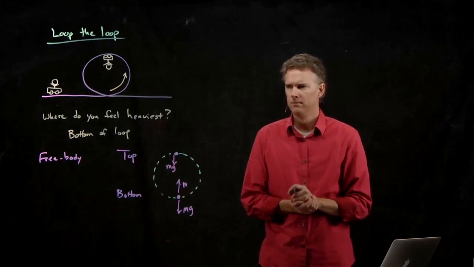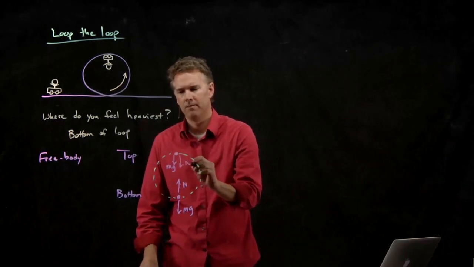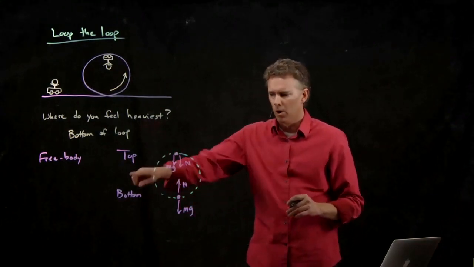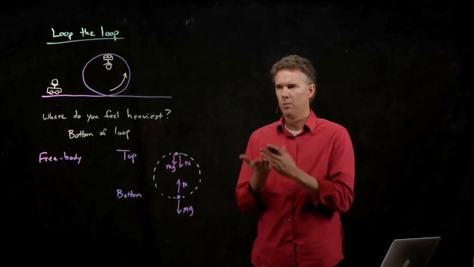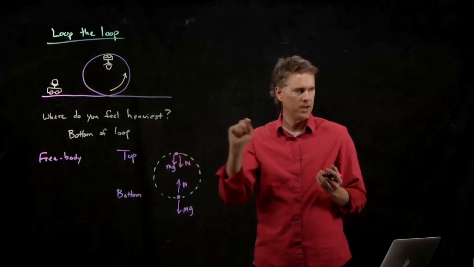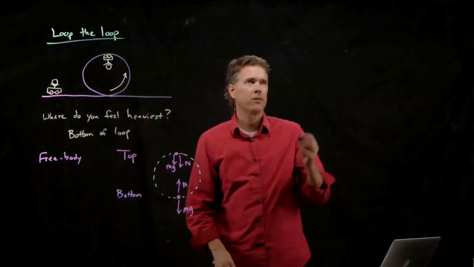Which way? Also down, because you're upside down. Okay? So if you go around that loop, the normal force from the seat is pushing down on you because you're upside down. So we got our picture, we got our free body diagram.